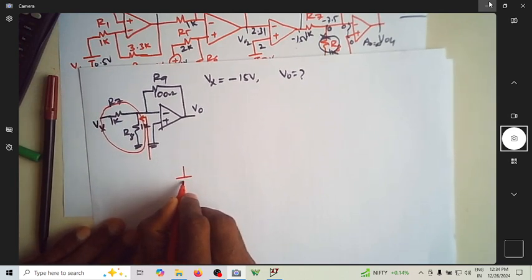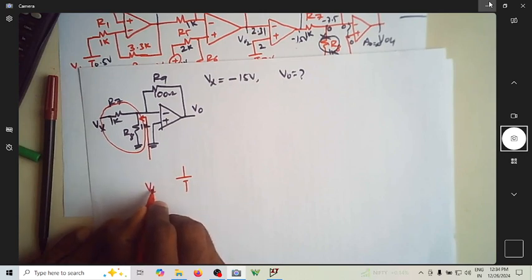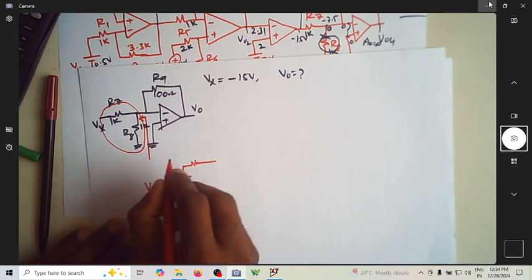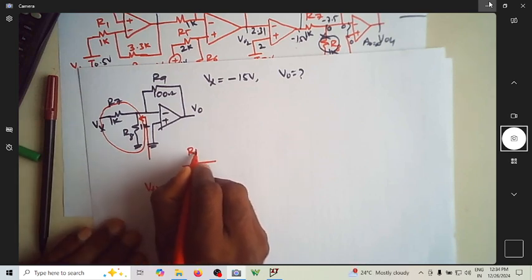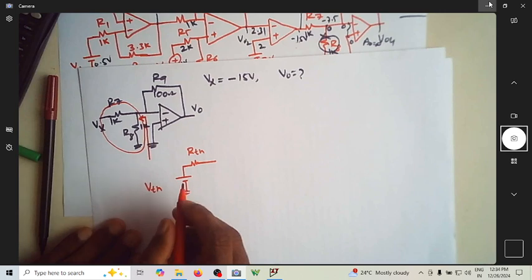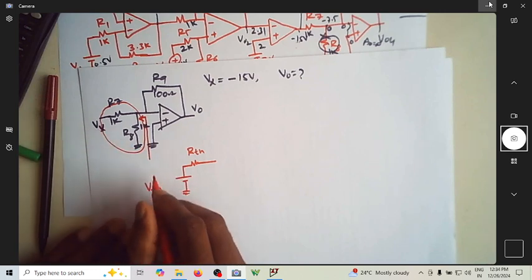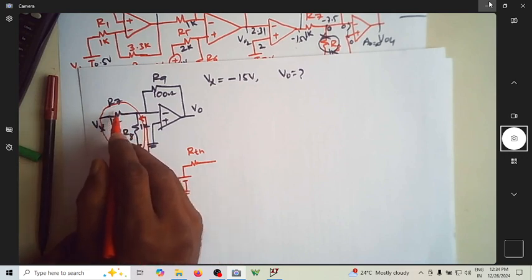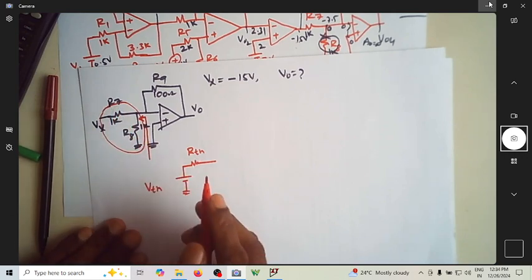I can replace that voltage by V Thevenin, and the internal resistance associated with that V Thevenin is R Thevenin. So now this is what is replaced, which you had as Vx. Now that is replaced by Vth, and this R7 R8 is now replaced by R Thevenin.